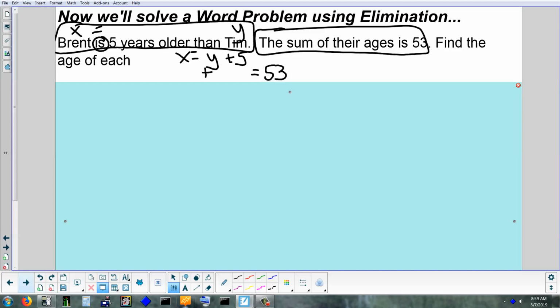X and Y. Because all we know about Brent right now is X. There's no number to express him yet, because we have to set it up and solve it to figure it out. So all we know about Brent is that I decided to call him X, and all we know about Tim is he's Y. That shows the sum of their ages. Brent is X, Tim is Y, sum is add, is equal 53, because it told us. There's our two equations.